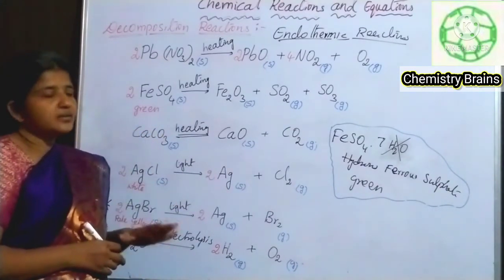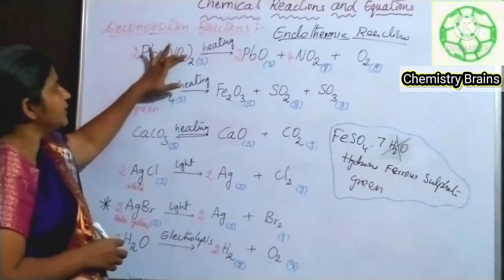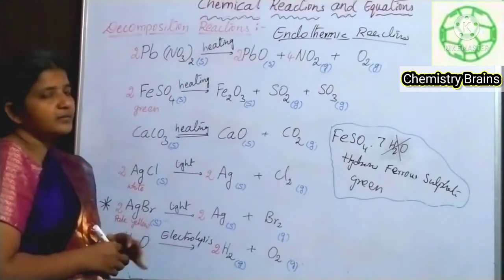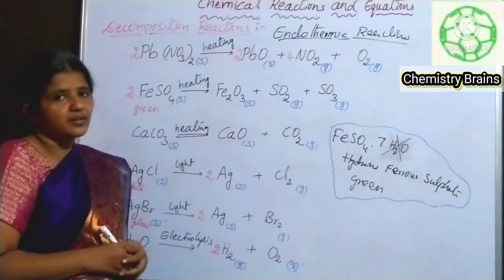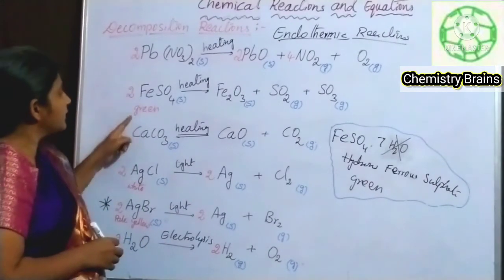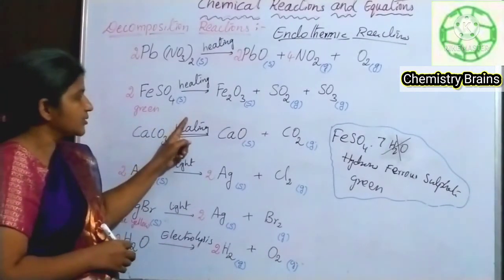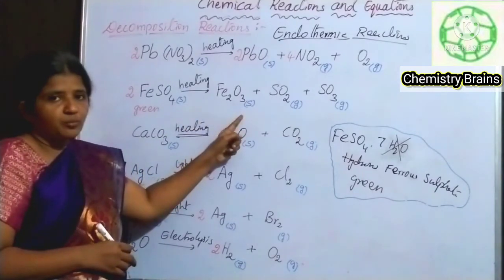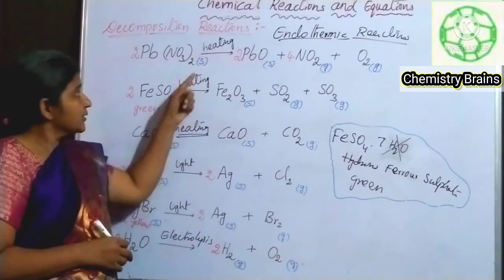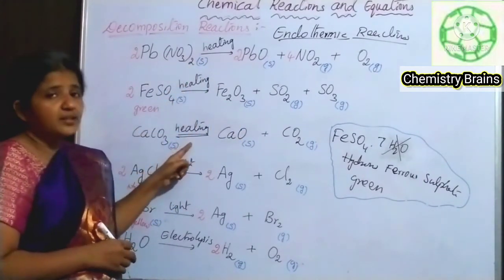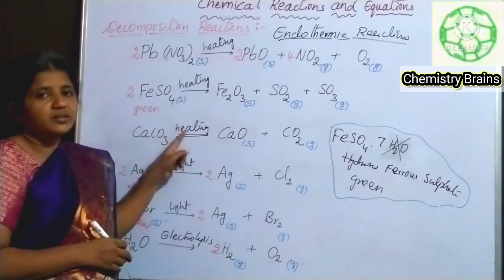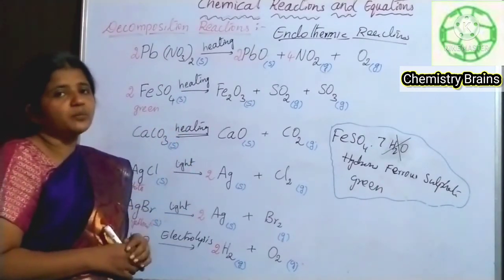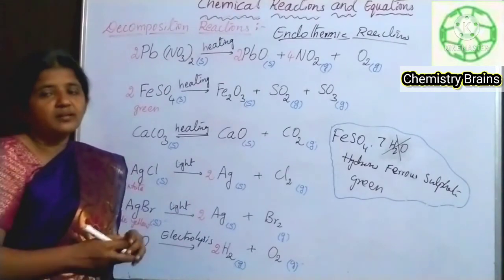If the energy is supplied in the form of heat, they are said to be thermal reactions. Here reactants use heat energy and decompose to simple products. So these three reactions in which heat is utilized for decomposition of the reactant are said to be thermal decomposition reactions.